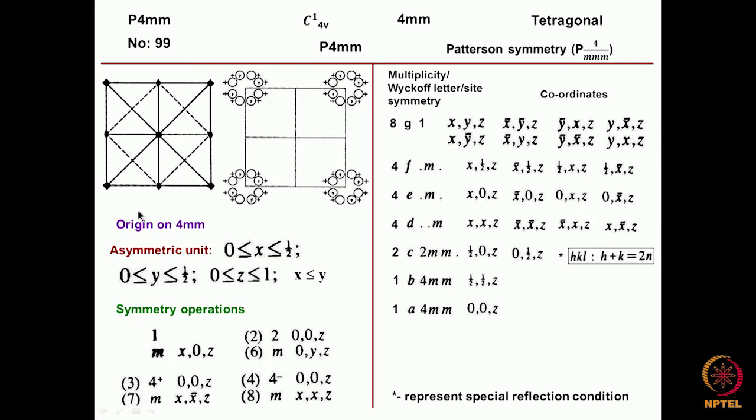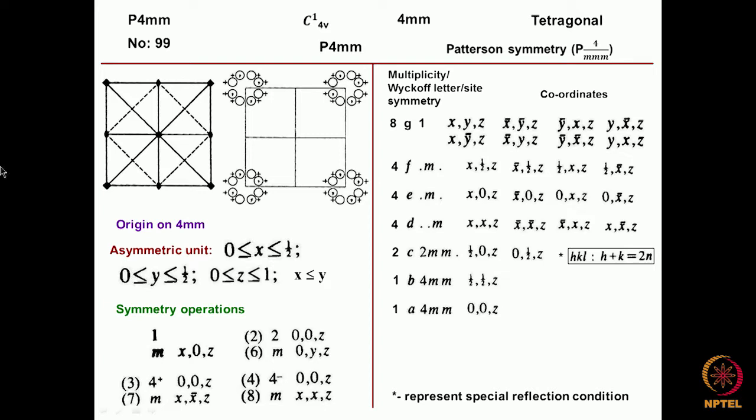Then again I translate it by the same distance, half of the body diagonal, and then again take a mirror, it will come to this point. So when we look at this particular structure, as a consequence of putting the atom at different positions, the glide is inherently generated. In some structures the glide comes separately; inherently they are not present.